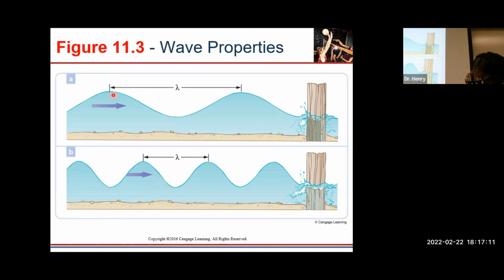As the wavelength increases in size, the frequency decreases. We have two peaks here, compared to down here, where we have a smaller wavelength and more peaks, so more frequency. That shows us they're inversely related: as the frequency goes up, the wavelength goes down and becomes smaller, and vice versa.